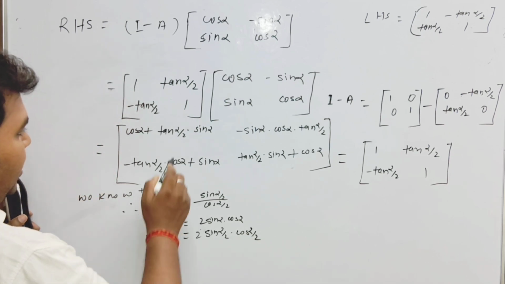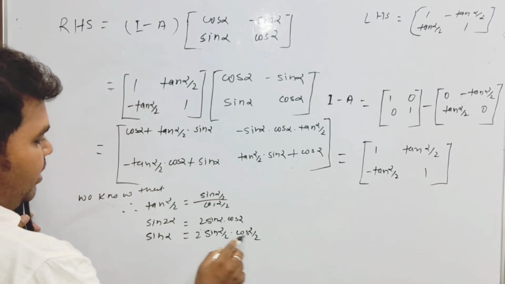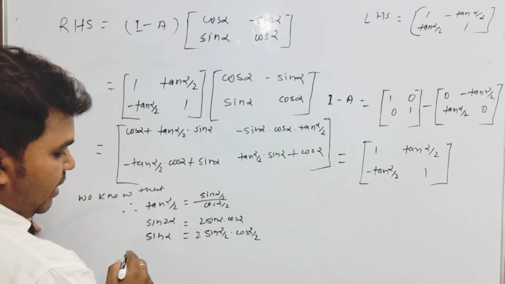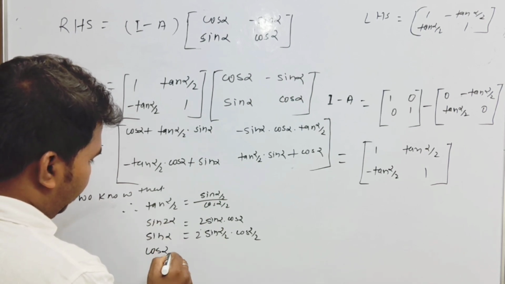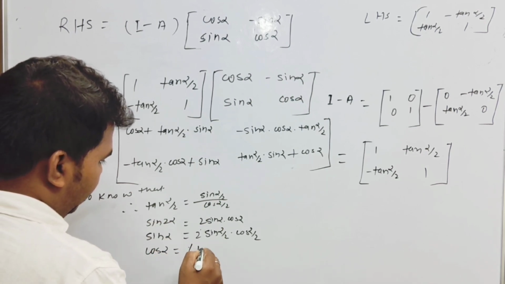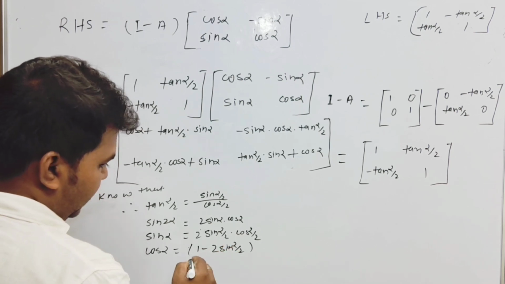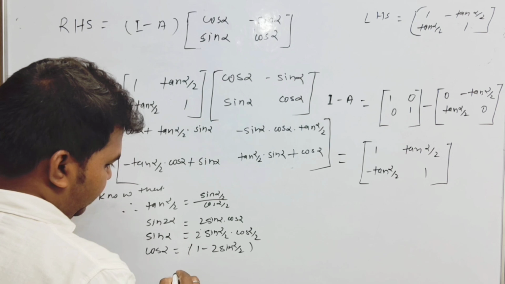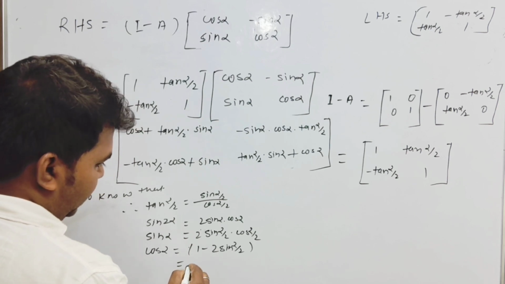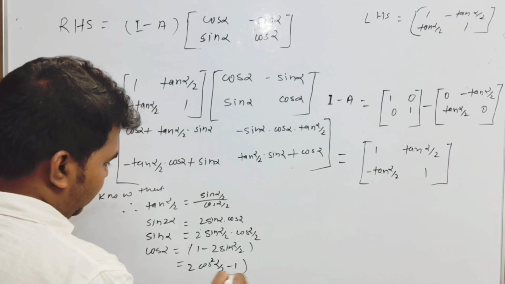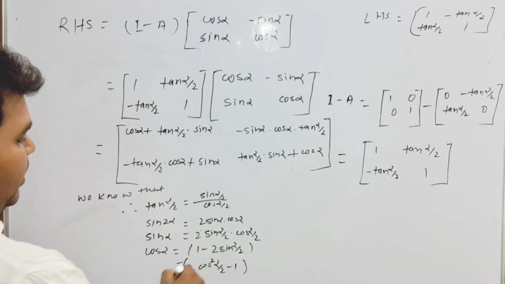We can write this in place of sin alpha, and in place of tan(alpha/2) we can write this. And cos alpha equals 1 minus 2 sin squared(alpha/2), or we can write 2 cos squared(alpha/2) minus 1.